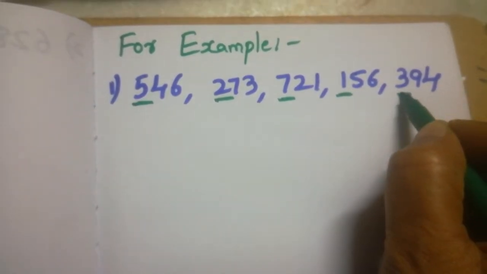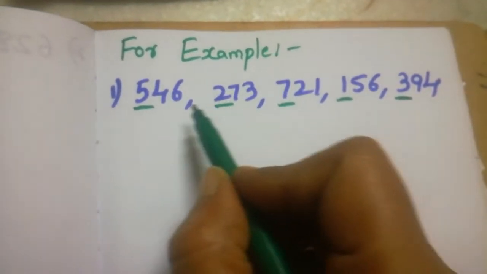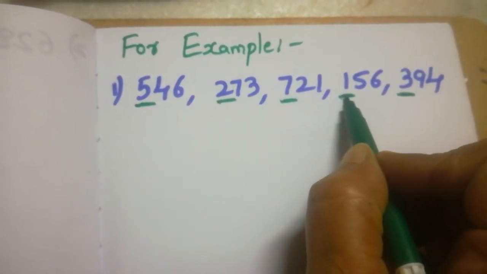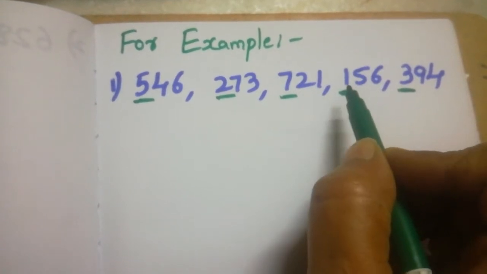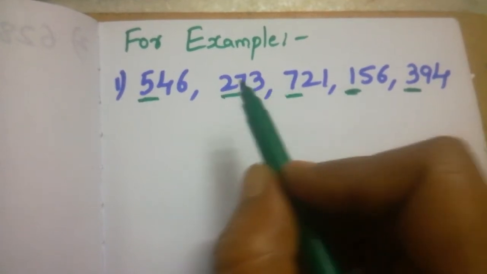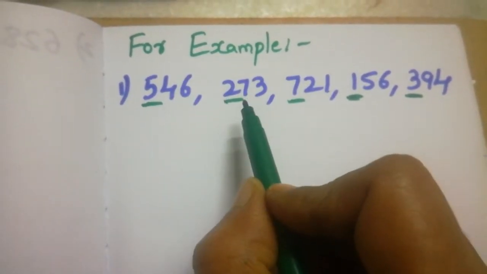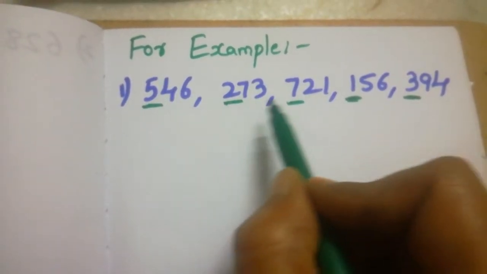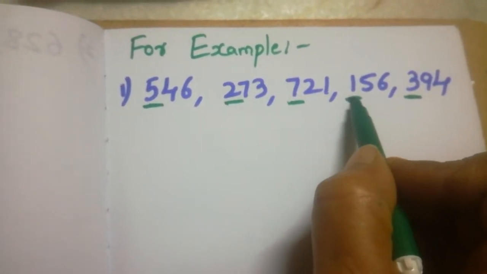In the fifth number we have 3. So in this, which is the smallest digit? 1 is the smallest digit. So before arranging the numbers in the ascending order, first you have to look at the digit in the hundreds place. So here 1 is the smallest digit.